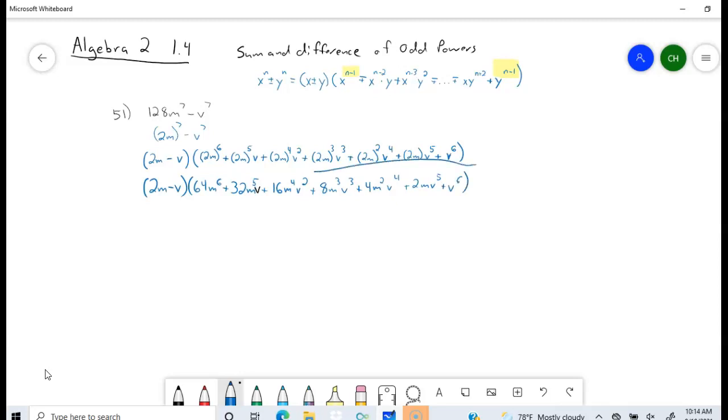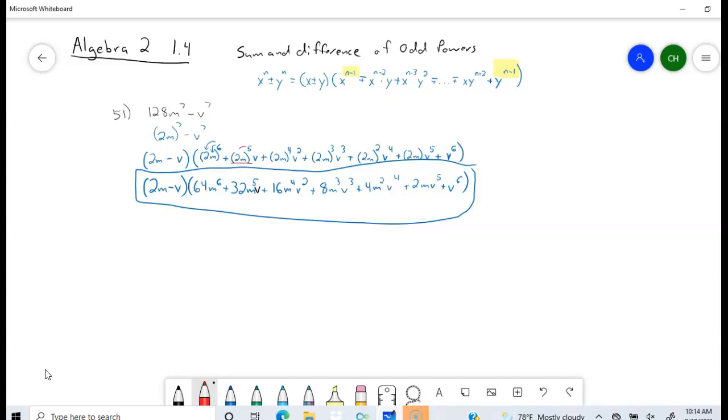Okay, so there are definitely a lot of opportunities for us to make mistakes. We have to make sure that we're applying that exponent. So on the first term, I've got to make sure I apply that exponent to the 2 and to the m. And I almost messed up twice on this term right here.